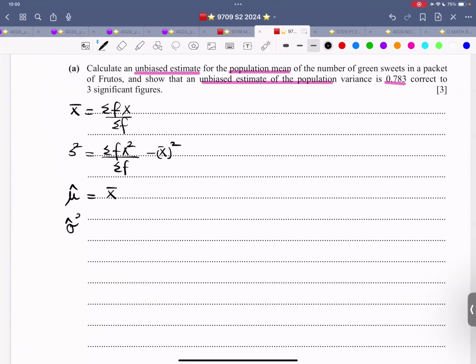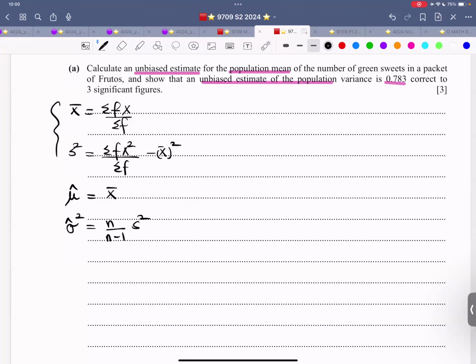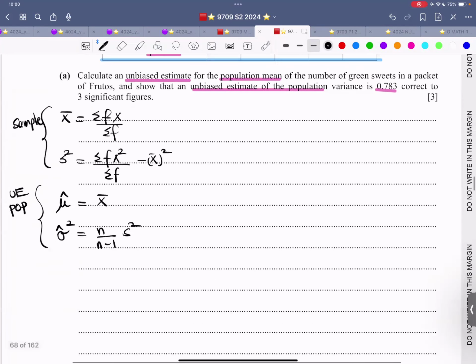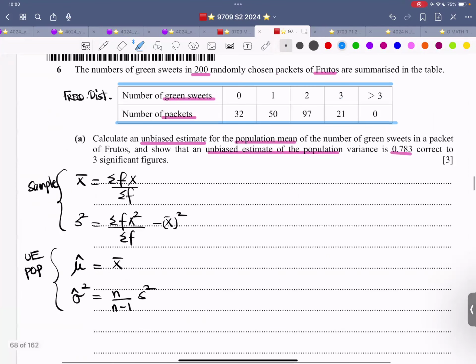Unbiased estimate of population variance is n over n minus 1 times sample variance. So these two are for the sample, which you have studied in S1, and this is for population, and this is unbiased estimates. Got the idea?